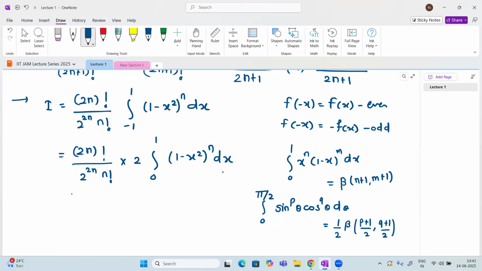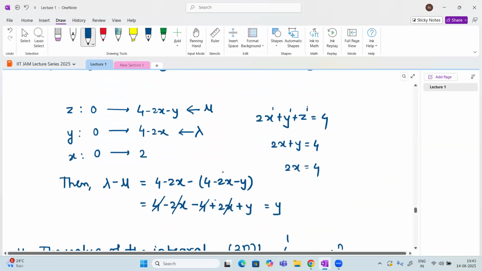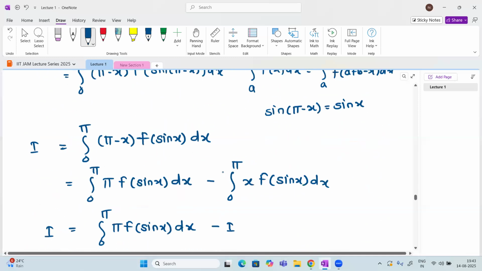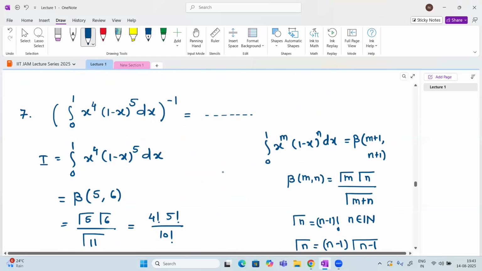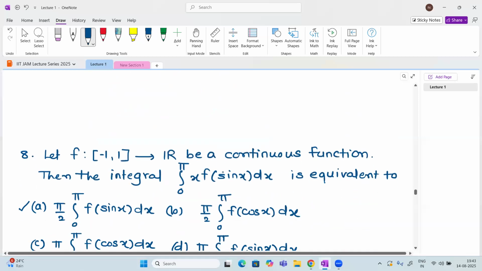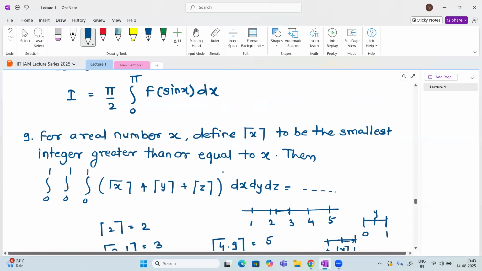So with the help of sine and cos also you can solve, or the second option is to convert the problem in terms of this one again. You can use the same thing here. For that, you need to put x square equal to t.